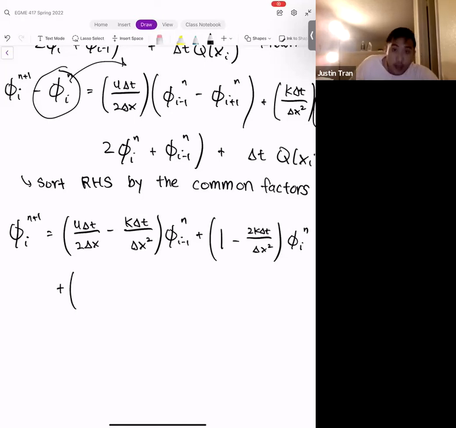This is going to be a minus u delta t divided by 2 delta x, or excuse me, plus, it's a plus up there too, plus k delta t divided by delta x squared, times phi i plus 1 at n. Then of course we have our source term q at x i times delta t.